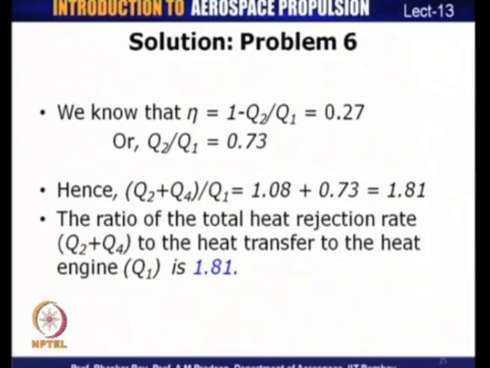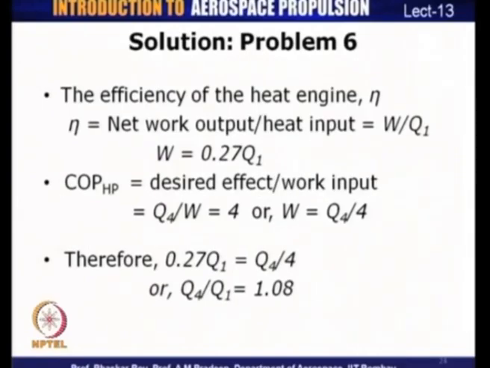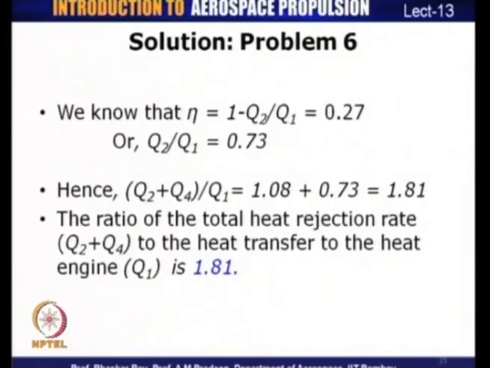And so, we have an expression for the ratio Q2 by Q1. So, Q2 by Q1 will come out to be 0.73, because that will be 1 minus 0.27. So, we have an expression for Q4 by Q1, which is equal to 1.08, and we have another expression for Q2 by Q1, which is 0.73.